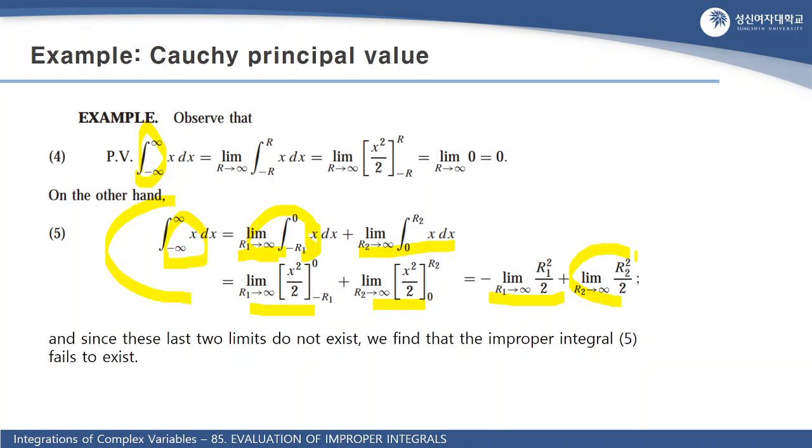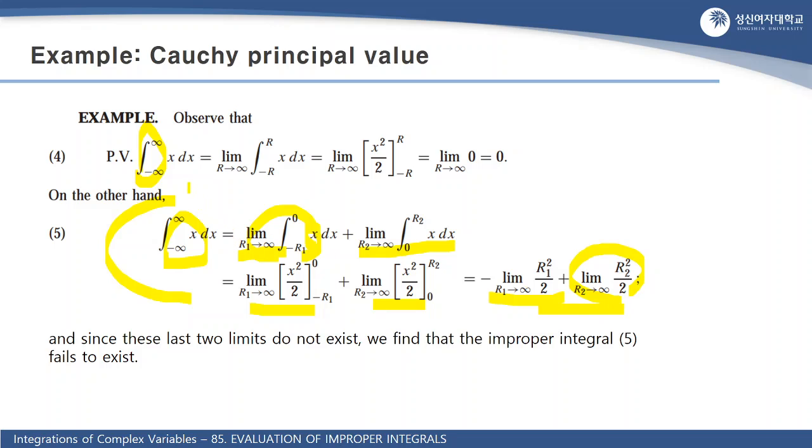We get this, which is positive infinity. So the sum of negative infinity and positive infinity is undefined, which means this integral diverges.